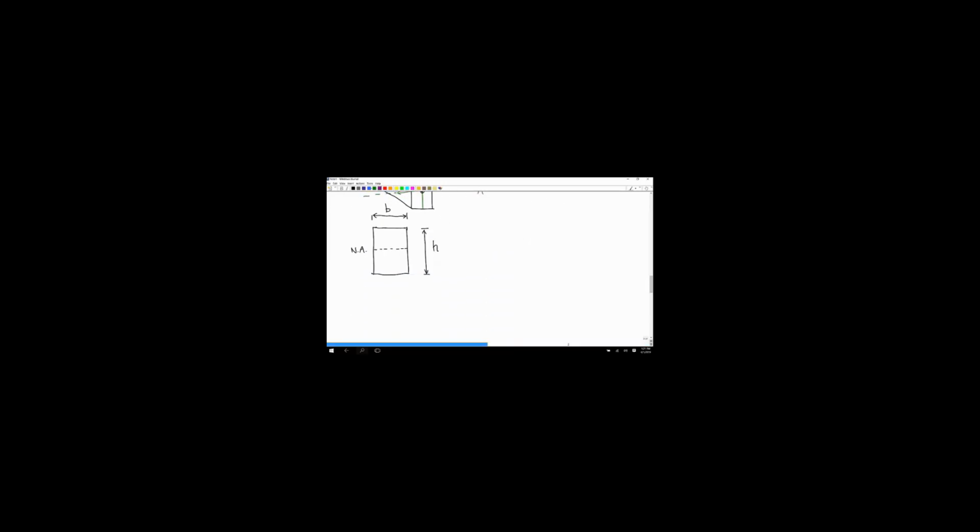So I'm going to break this up into pieces like this. This is my piece dA. The width of it is b. The thickness of it is dy.